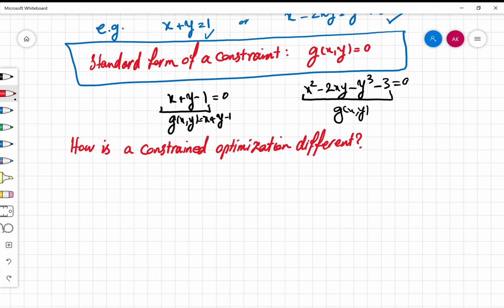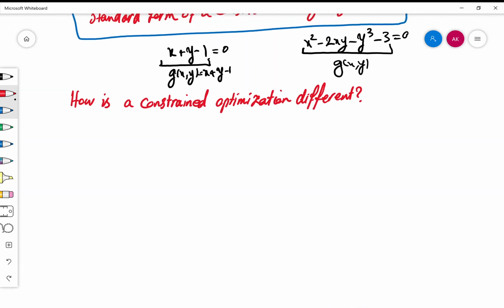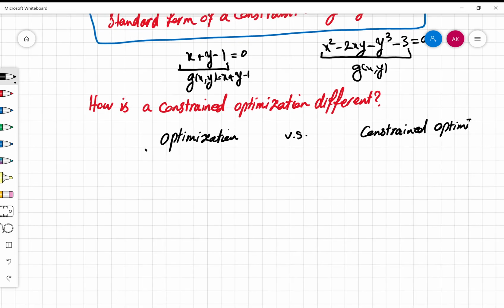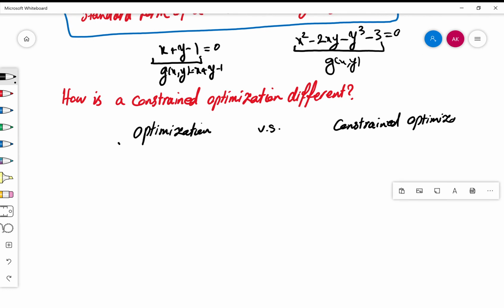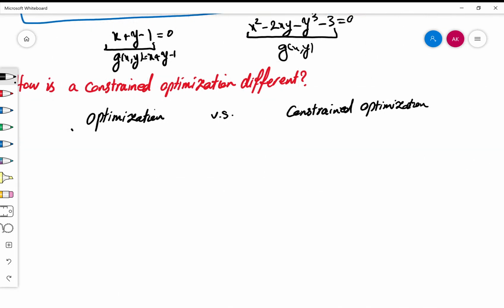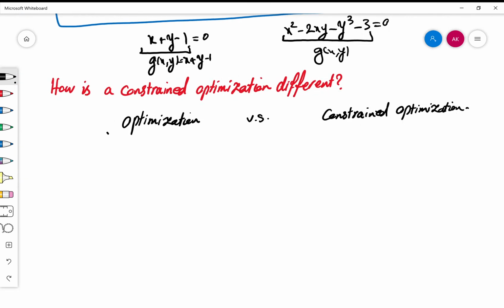Well, in the regular optimization, all right, what we are interested in is finding the extreme value of a function f of x, y.